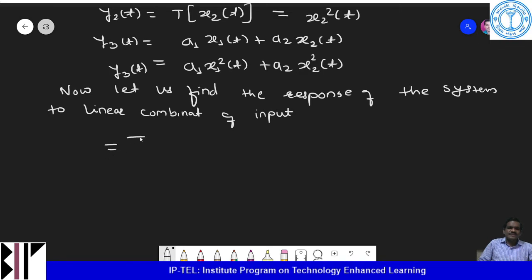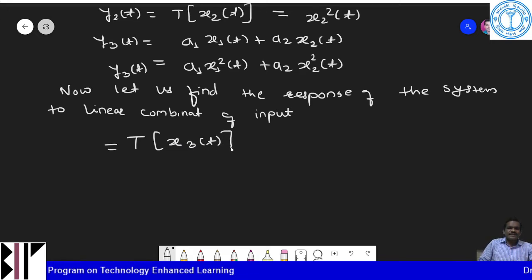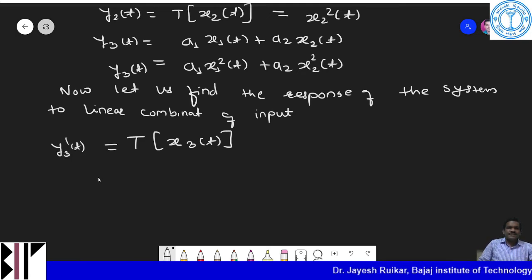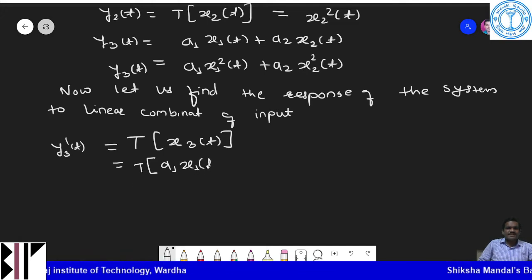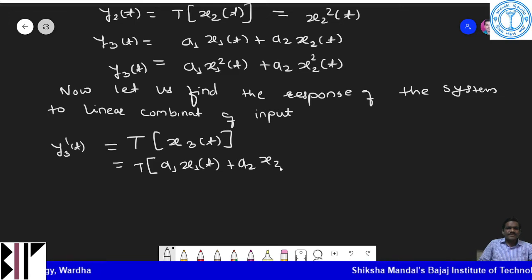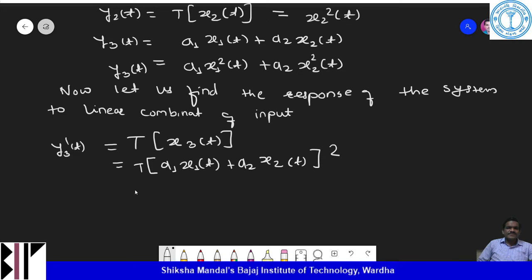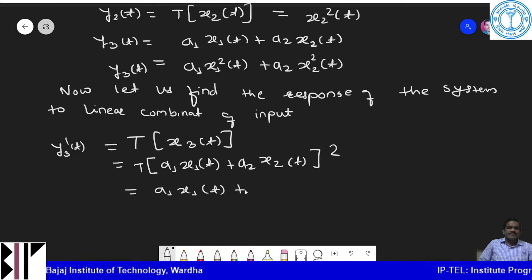That is, when we apply the transformation on x3 of t, which is nothing but y3 dash of t, it is equal to the transformation on a1 x1 of t plus a2 x2 of t, and its whole square.